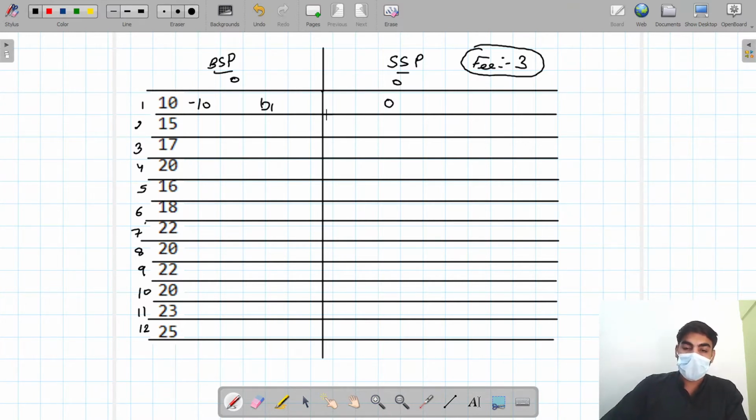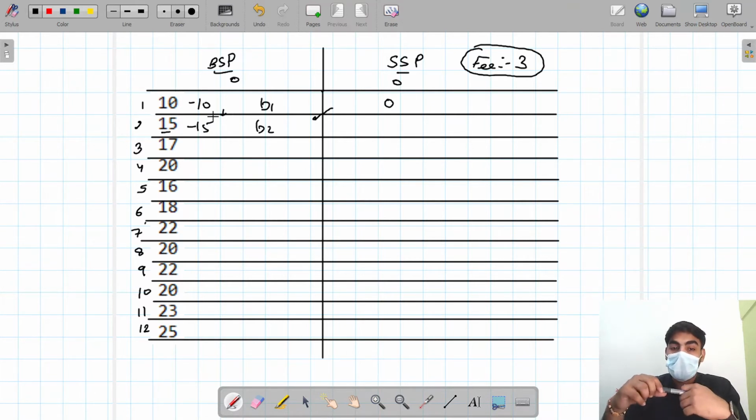How many rupees do we have in our wallet? We have 0 rupees. If we buy a new one on the second day, we take a loan of 15 rupees and buy a second one. Or the second option is, if we take the older one as it is, we take a 10 rupee loan. So which one is better? We have to find the maximum profit in the buying state profit.